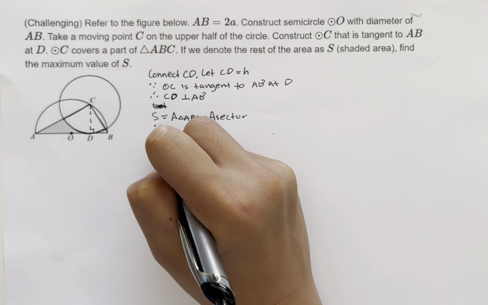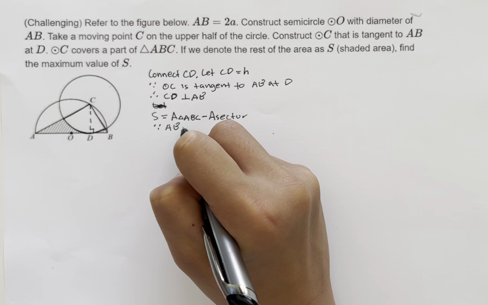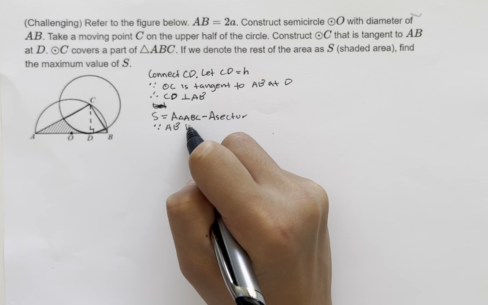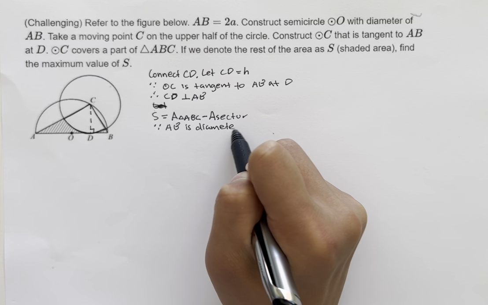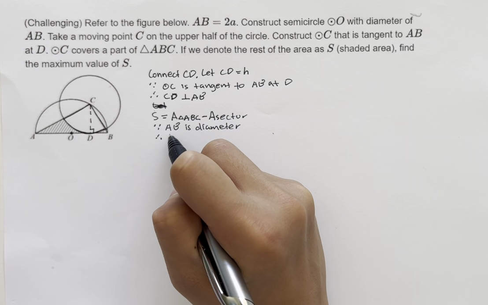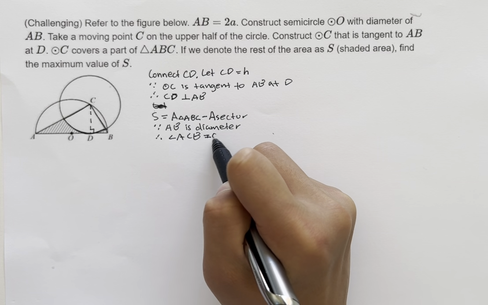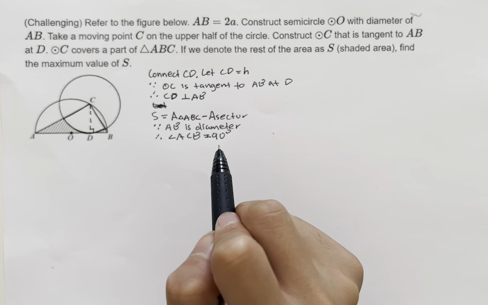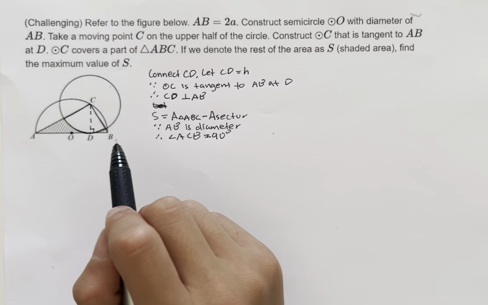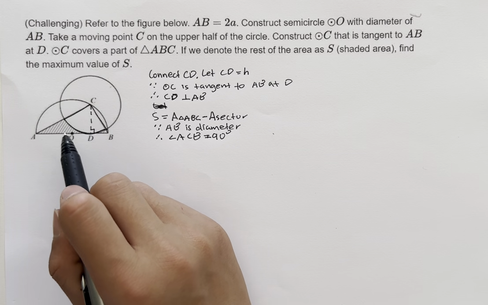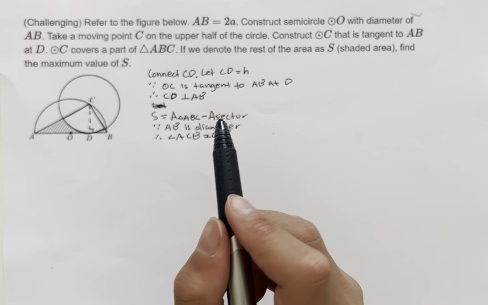Okay, since AB is going to be the diameter, we can get that angle ACB equals 90 degrees by the inscribed angle theorem, which means that angle ACB will be 1/2 the size of its central angle, in this case angle AOB, which is 180 degrees.